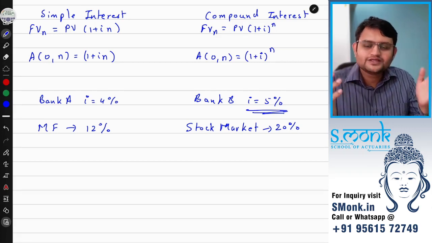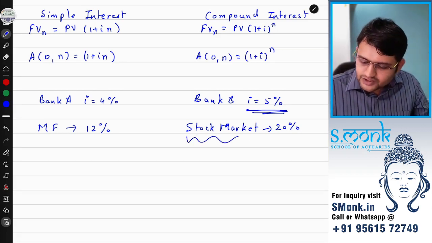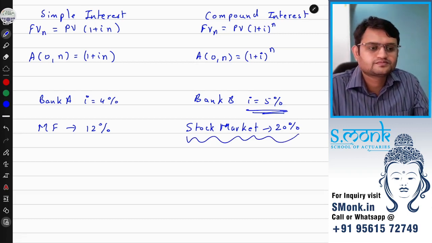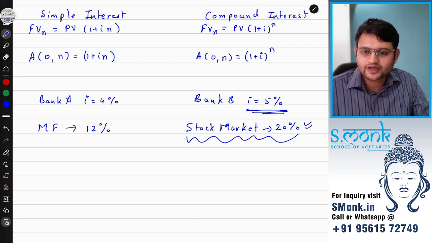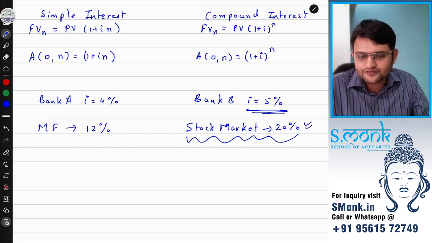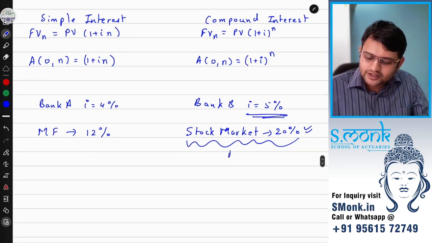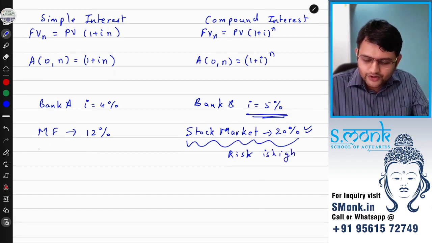So why isn't everybody investing in stock market? So Mohammed said correct that risk is higher in stock market. So the reason we do not choose stock market every single time for any investment is because the risk is high. Here also we have risk, but risk is medium.